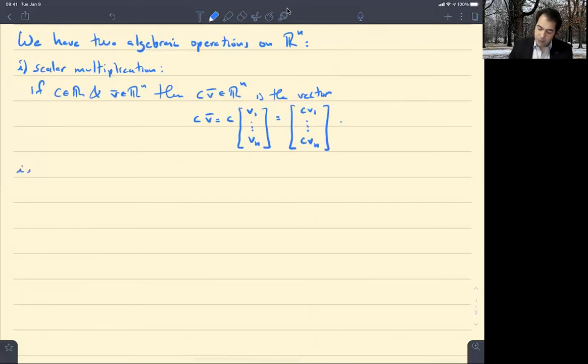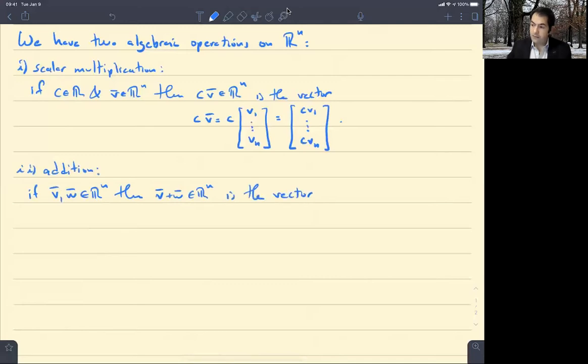Okay, and then the second operation is vector addition. So here, if you give me two vectors inside Rn, then we can put them together to form another vector, V plus W, inside Rn.